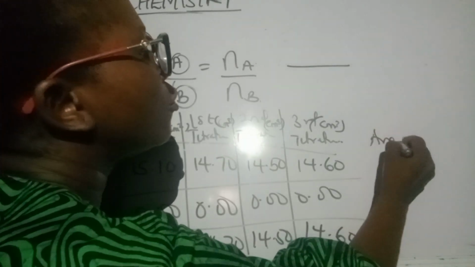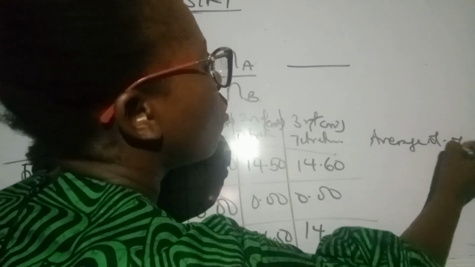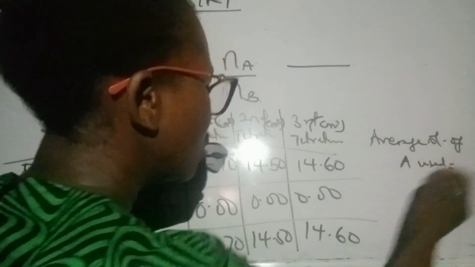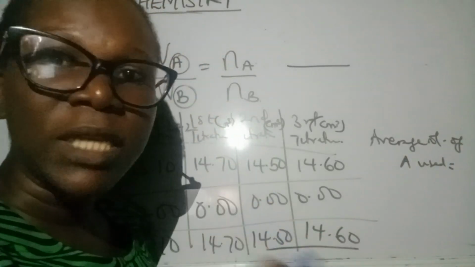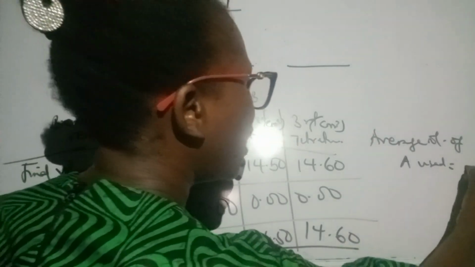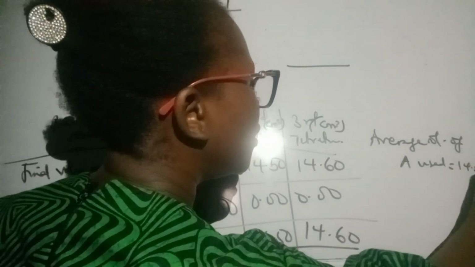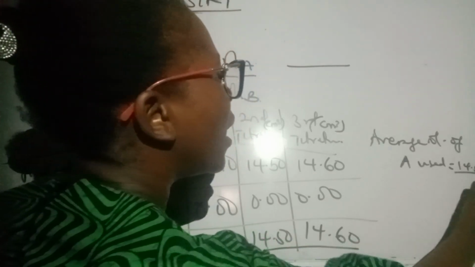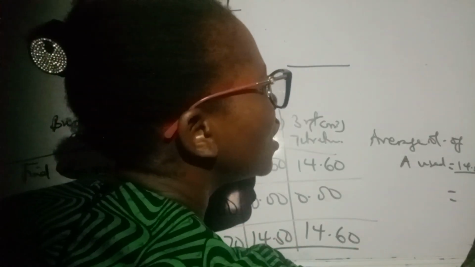That is, the average volume of A used will be the sum of the last two that are in concordance. Never use your rough titration as part of the concordant value. Add them together and divide by 2. You get your final answer, which must be in cm cube.